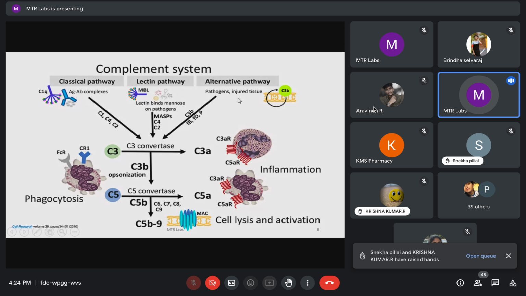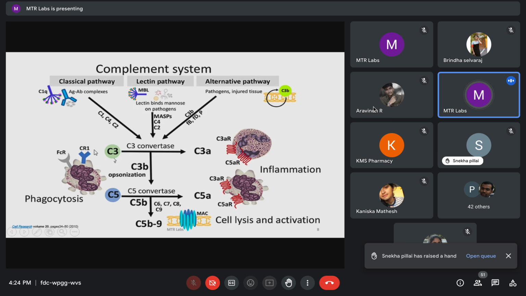The alternative pathway is activated only when the C3b molecule undergoes spontaneous hydrolysis. Otherwise, the classical and lectin pathways get activated and cleave C4 and C2. All three pathways culminate in forming the C3 convertase enzyme to activate C3.